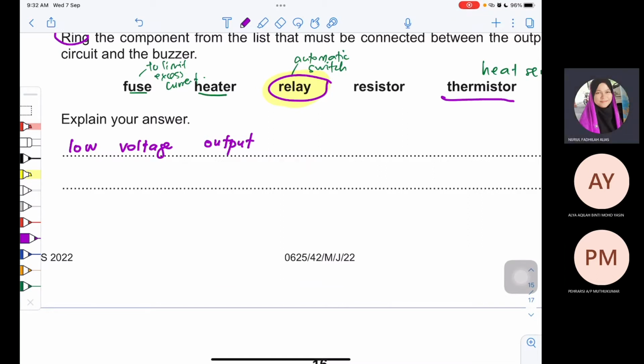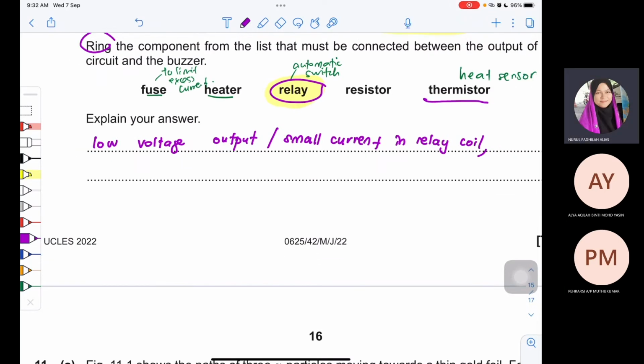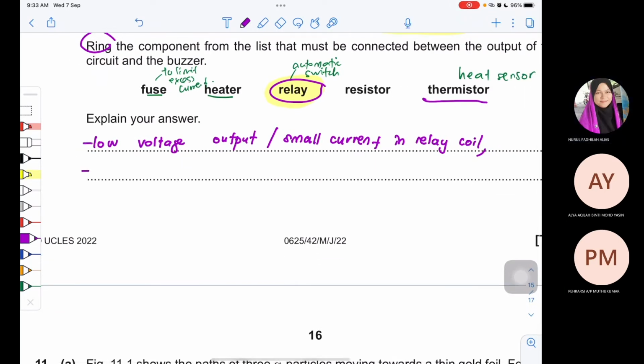Ataupun in simpler sentence, you can say, if we have small current in relay coil, and then we have larger.